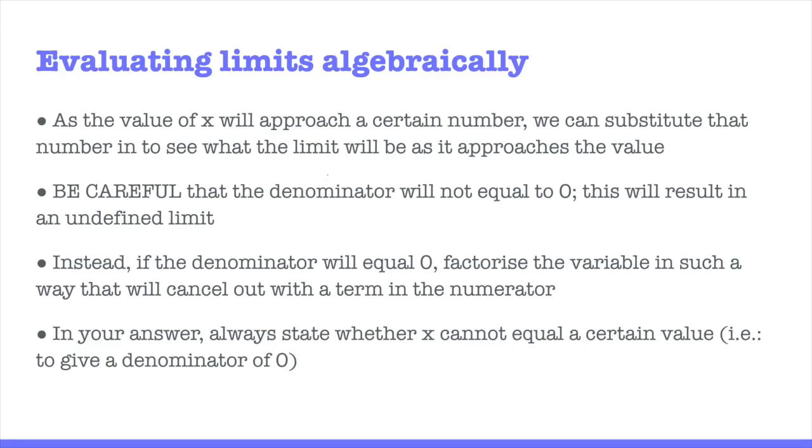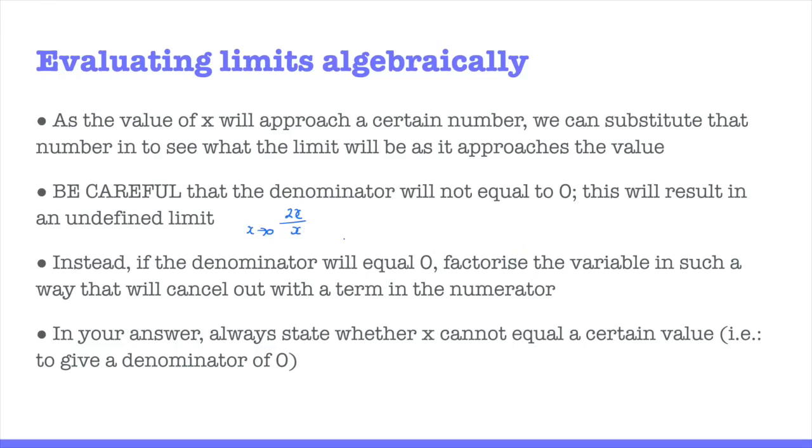In order to be able to evaluate the limit, there's pretty much one simple rule, and that's to substitute a number into the function to be able to see what the limit will be as it approaches that value. However, there are times that you can't just substitute it in. For example, if I have a graph of 2x on x, I can't just substitute in the limit as x approaches 0 because then that will make the denominator equal to 0.